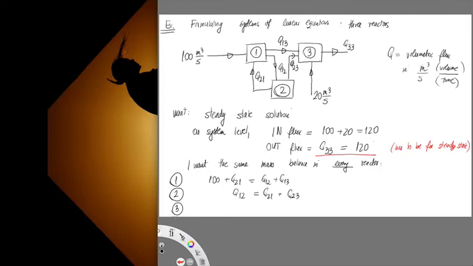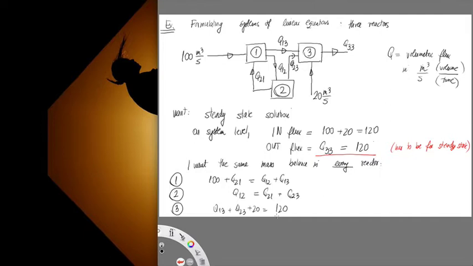In the third reactor, that's Q23 and Q13. And what's coming out? Oh, plus 20. That would be Q33, which is 120. We already solved it, so may as well. So those are our three equations.